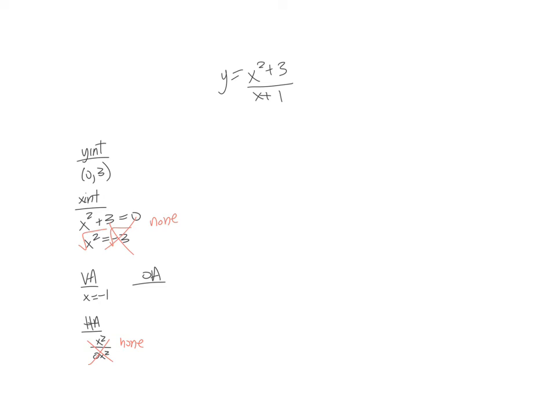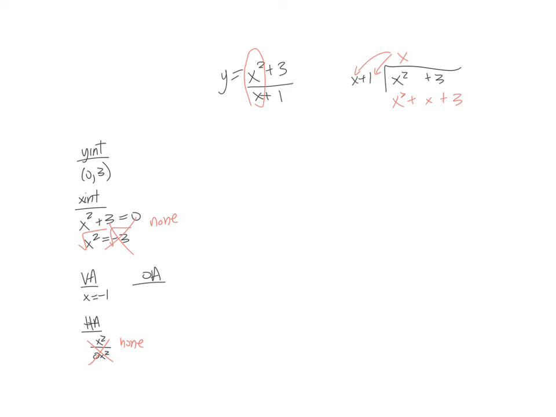So with oblique asymptotes, remember we need to do long division. So let's do that up over here in the corner. If we divide out our equation with long division, remember you want to divide the first two numbers, x squared divided by x, which would give us x. Multiply that out, so x times x is x squared, x times 1 is 1x, and we still have the plus 3 at the end, so let's just carry that down.